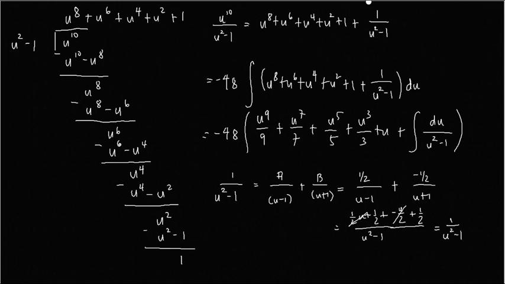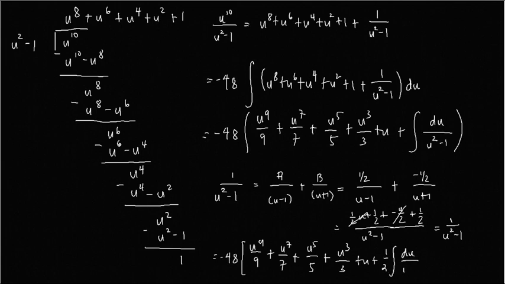So furthermore, we can express this in terms ng negative 48 times, okay, we have u raised to 9 over 9 plus u raised to 7 over 7 plus u raised to 5 over 5 plus u cubed over 3 plus u plus, okay, 1/2 integral of du over u minus 1 minus 1/2 integral of du all over u plus 1.